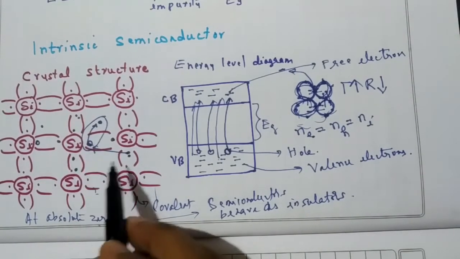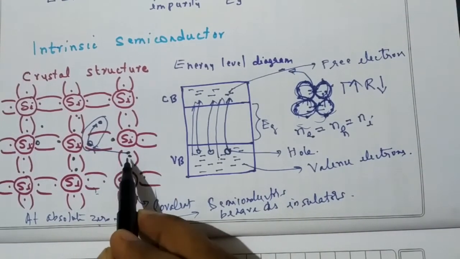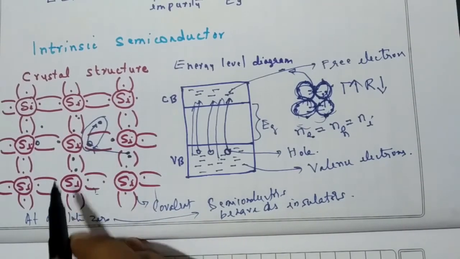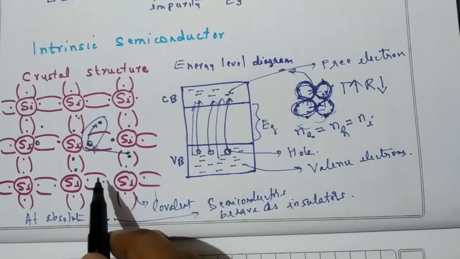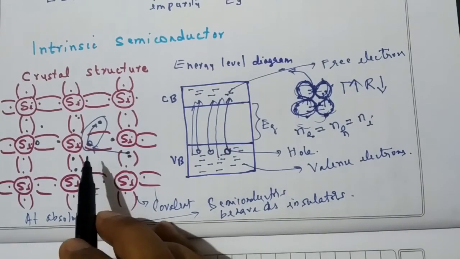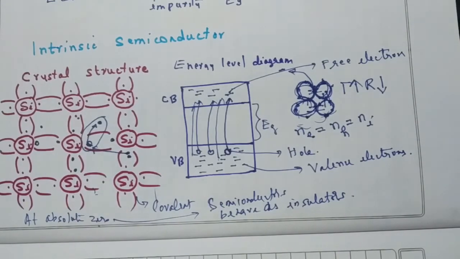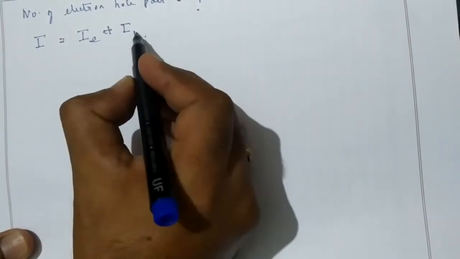Because the electrons move from one place to another and occupy the hole, there will be current. And that current is due to the movement of holes, and therefore that current is called hole current. So the total current will be the electron current plus hole current.